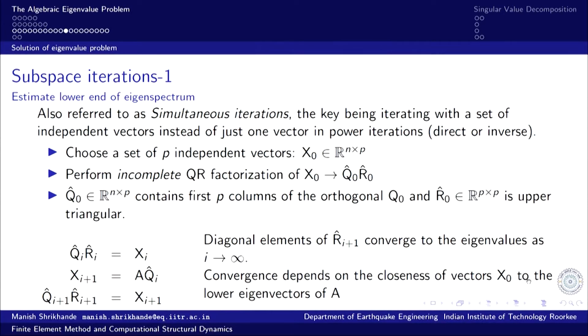So, convergence depends on closeness of vectors x 0 to the lower eigenvectors of A. If the vectors we choose are in some way representative of the eigenvectors corresponding to smaller eigenvalues of matrix A, then the convergence is going to be very, very rapid.